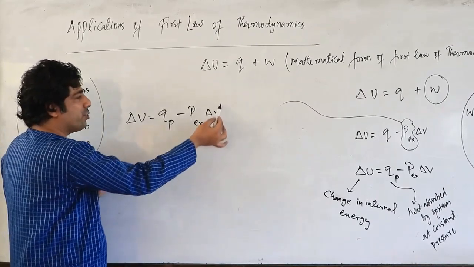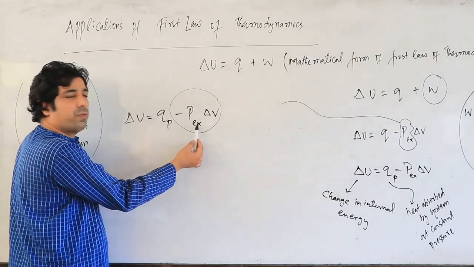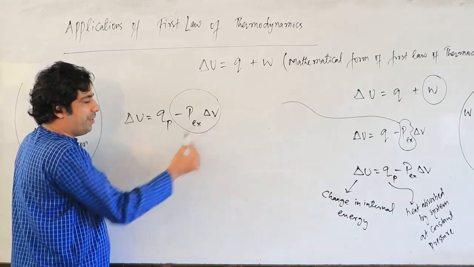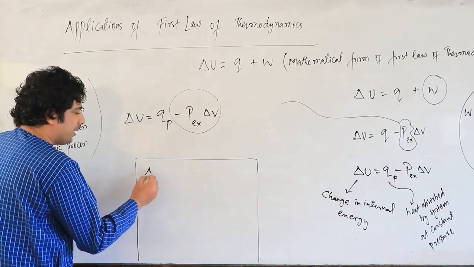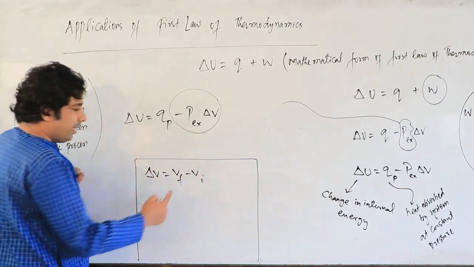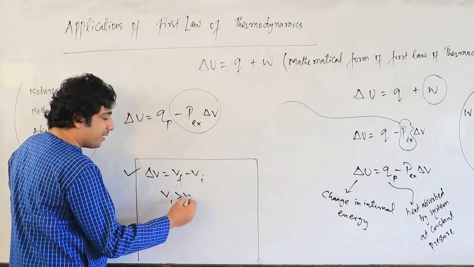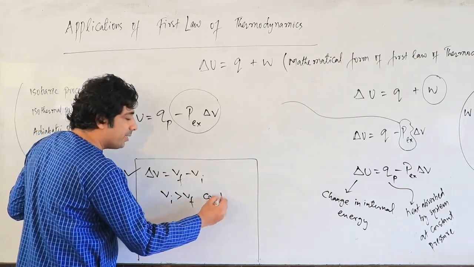But now the confusion is here, whether it's a work of expansion or a work of what? Compression. So it will totally depend upon delta V here. Let us suppose delta V is equal to V final minus V initial. In this particular case, if V initial is greater than V final, that means initial is greater than final, then what is happening? Compression.